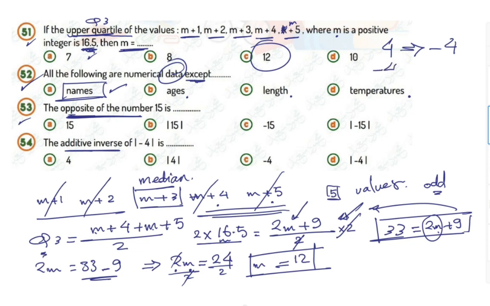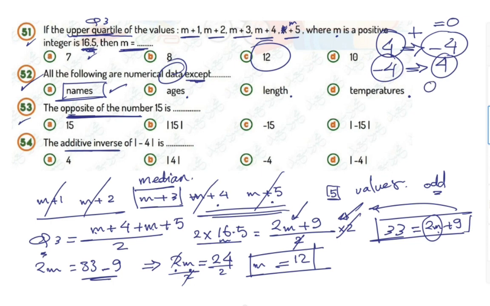If it's negative, the opposite will be positive. That means any number and the opposite of it, if you add them together, the result will be 0. If you add 4 to negative 4, 0. If you add negative 4 to 4, the result will be 0.